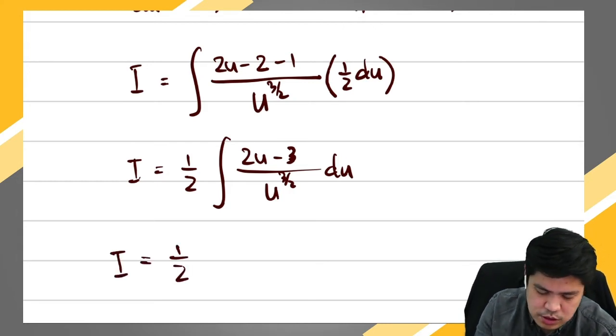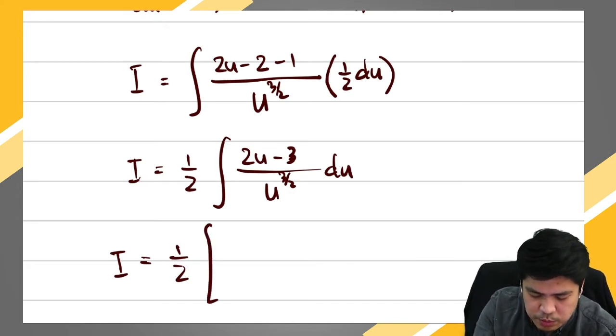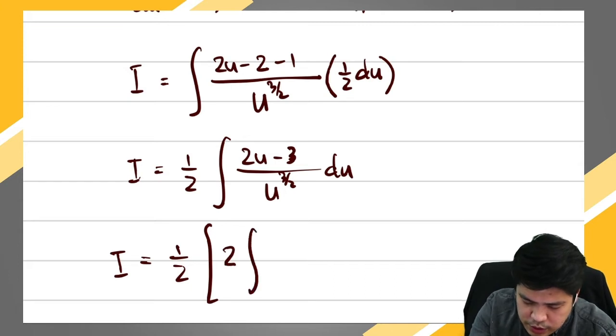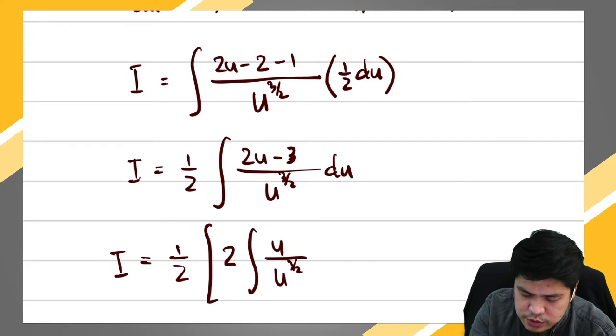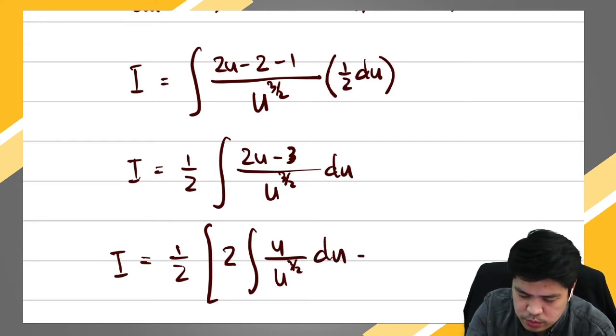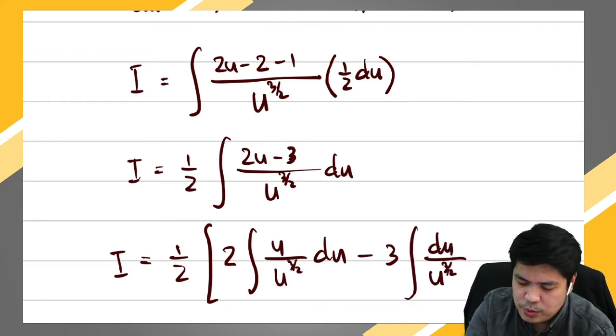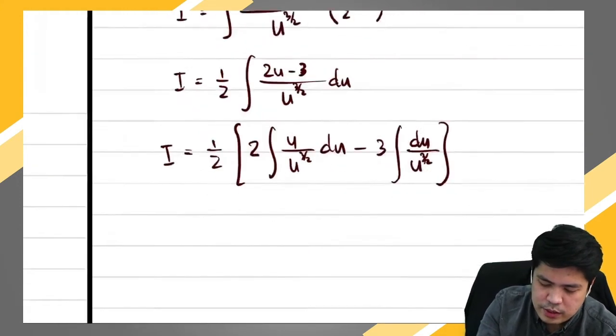So that is equal to 1/2 times the integral, let us separate it: 2 times the integral of u over u raised to 3 halves du, minus 3 times the integral of du over u raised to 3 halves. So now we can do it easily.